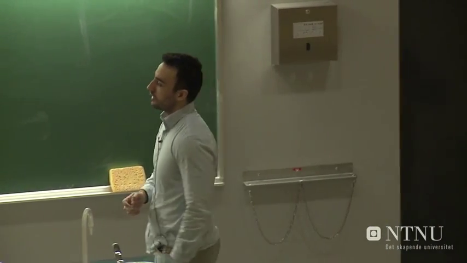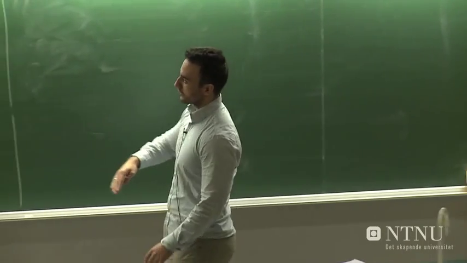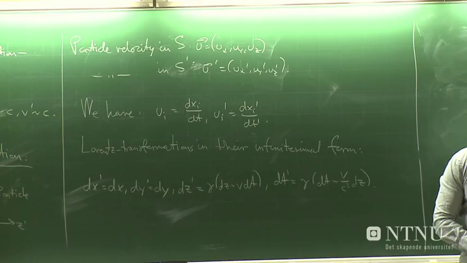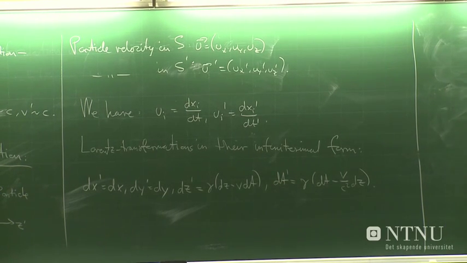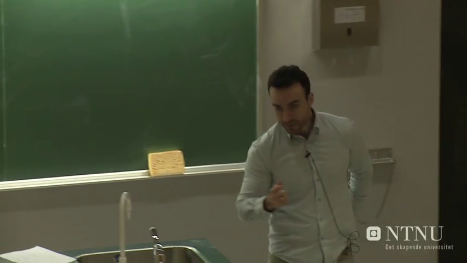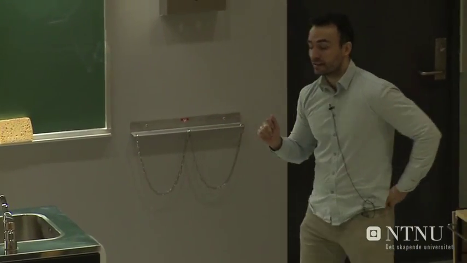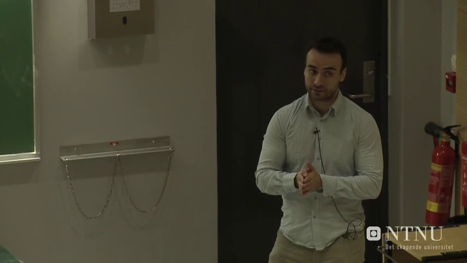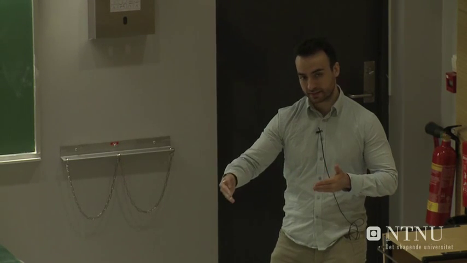Okay, so using these transformations, we should be able to find the particle velocity in S prime expressed through the particle velocity in our unprimed system. Let me pose a question to you first. From these transformation equations, we see that the x and y coordinates remain invariant because the relative motion is along the z-axis.